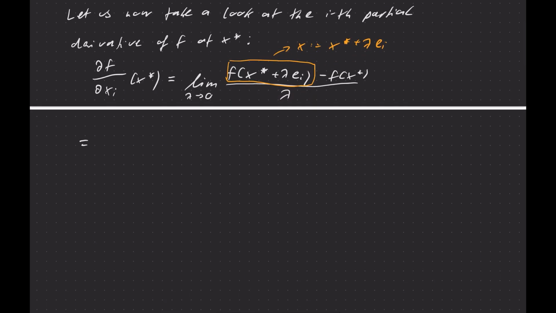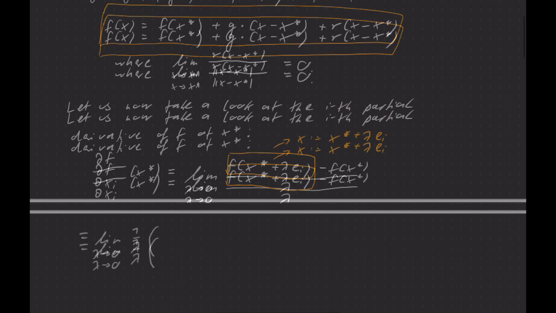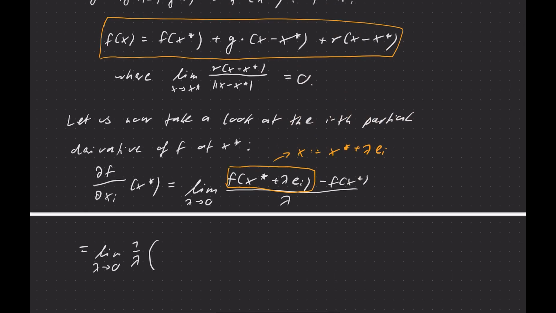What do we get? And of course, the limit stays the same. We write that 1 over lambda in front of the expression, and then we replace that f of x star plus lambda ei by the total differential: f of x star plus g times the difference between x and x star, plus r evaluated at x minus x star.